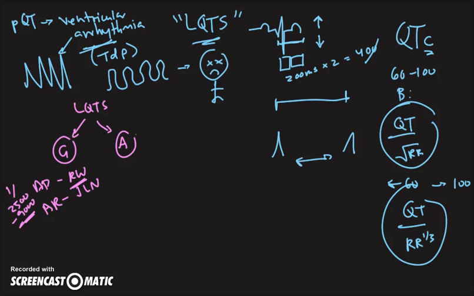So then there's a bunch of acquired causes. There are many others, and they're classified by their gene type, and the gene type name is like LQT1, and then 2, and then 3, or whatever. So there's a lot.